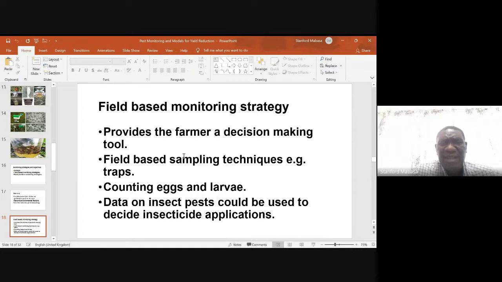These can provide the farmer with information which can be used as a decision-making tool. So the basis of what is found in the field in terms of numbers of insects can determine whether control measures should be taken.